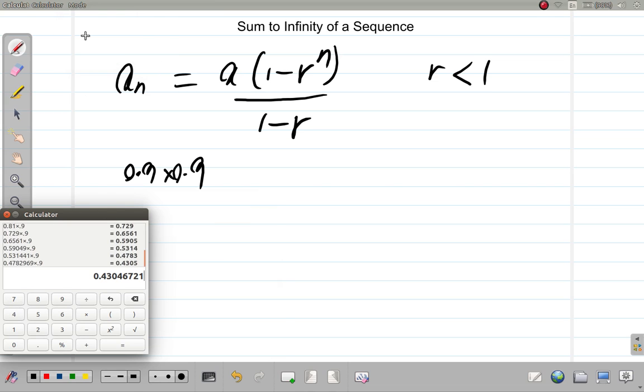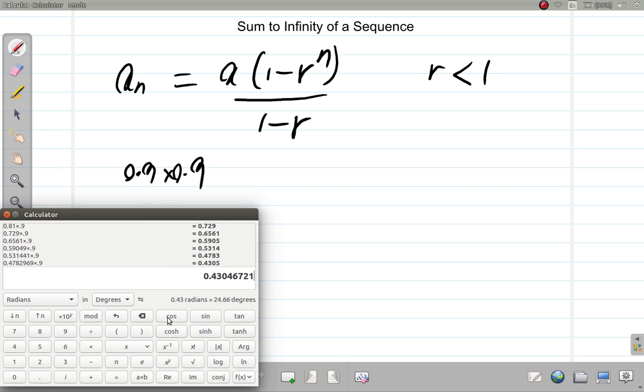If we put our calculator in advanced mode and we find 0.9 raised to the power of 10, we get 0.348. What about 0.9 raised to the power of 20? What do we get? 0.12. So the number keeps getting smaller and smaller.